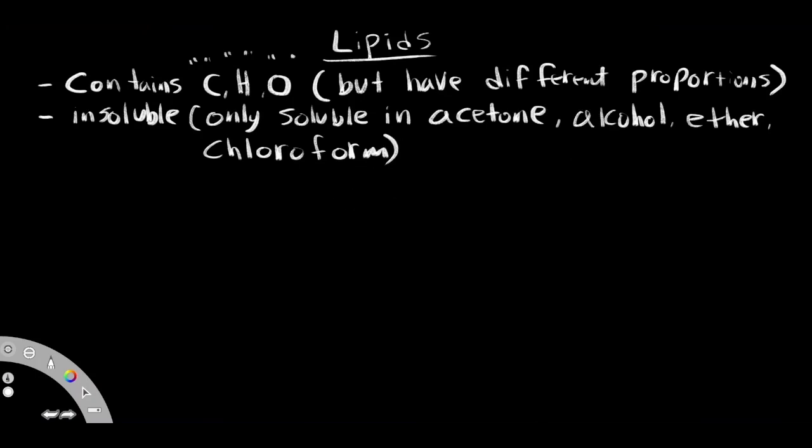But you do have to know that you may have noticed how fat floats on the surface of water when you're doing the dishes, for example, because they are hydrophobic, right? So I'll just put here hydrophobic. So the most common type of lipid, the fat, is composed of two structural units, one glycerol and three fatty acids.